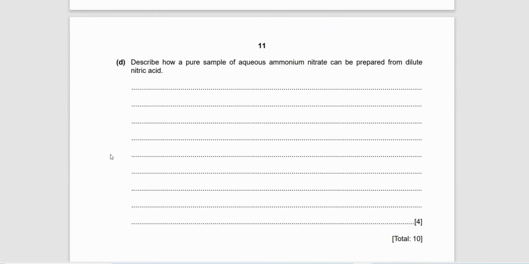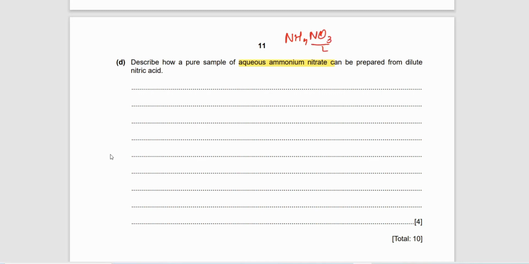Describe how a pure sample of aqueous ammonium nitrate can be prepared from dilute nitric acid. Whenever we have to prepare a pure sample, we can get the help of titration. Aqueous ammonium nitrate: observe and think about its formula. Ammonium means NH4, nitrate means NO3.